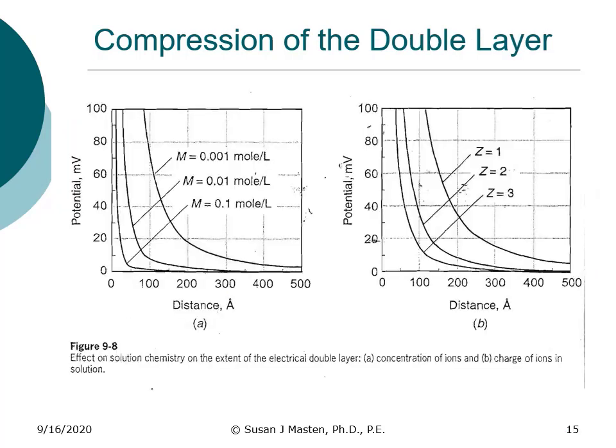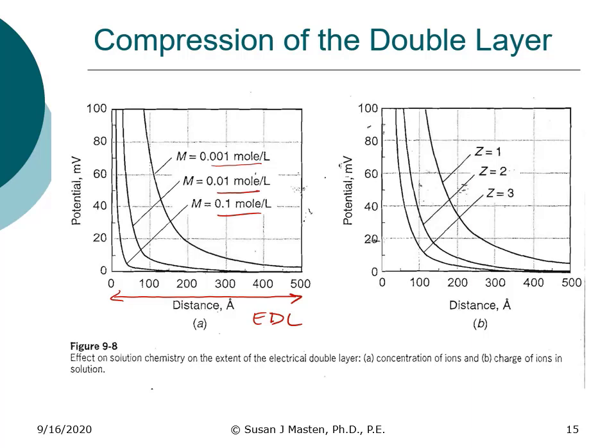So we can see this in this plot here, where we start with a solution of 10 to the minus 3 molar, 10 to the minus 2, and 0.1. So we're increasing the concentration by a factor of 10 each time. And you can think, if we're looking at the thickness of an electric double layer, it's much thicker in the more dilute solution. Think about it, you need more counterions in order to neutralize that charge.